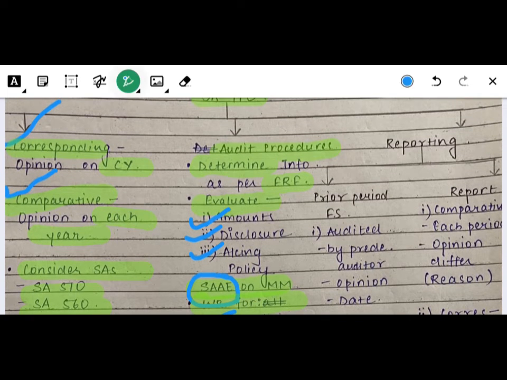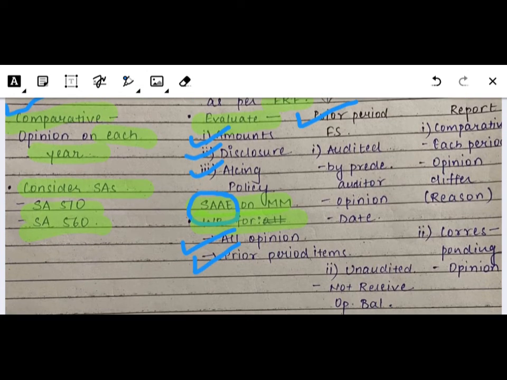Then the third part is reporting. Firstly, about prior period financial statements: if they are audited, then in the other matter paragraph, as per 706, you have to state that the prior period financial statements were audited by the predecessor auditor, the opinion given, and if there is any modification in the opinion, the reasons for the modification, and the date of the audit report.